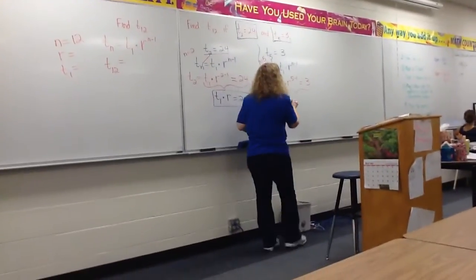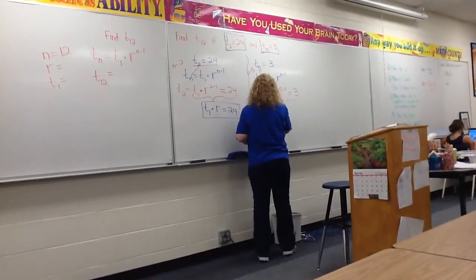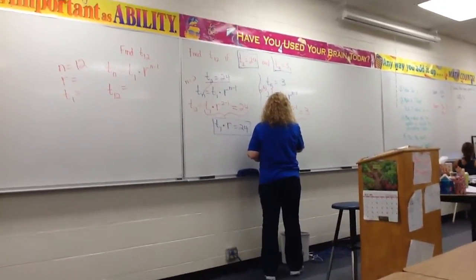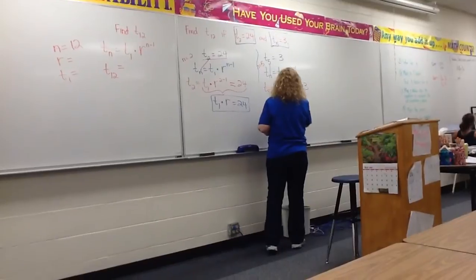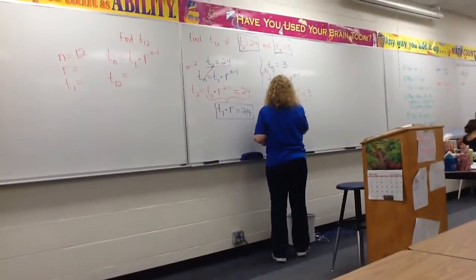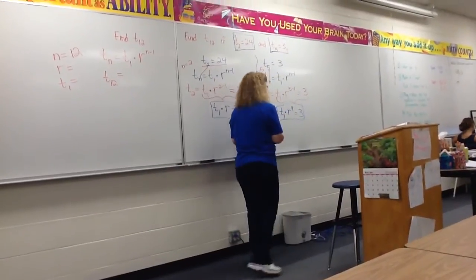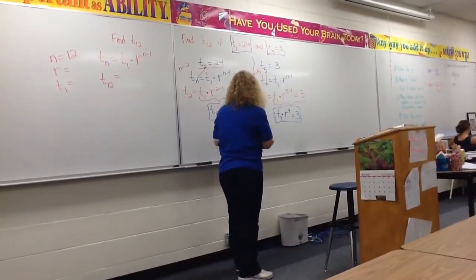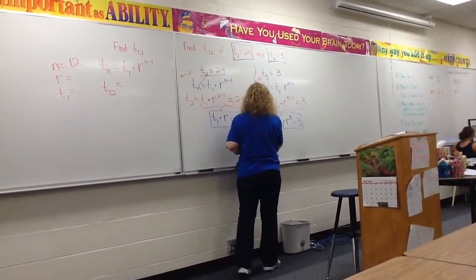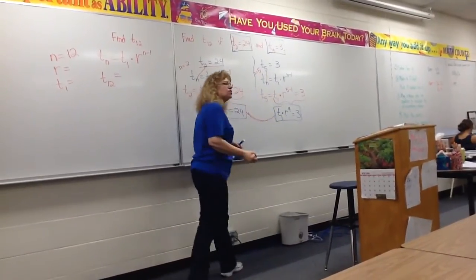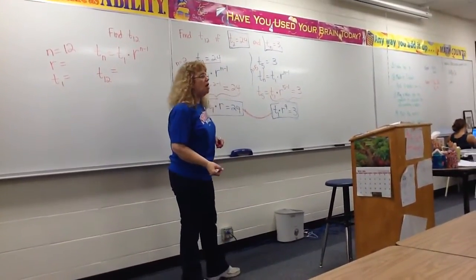And if we simplify it, what is 5 take away 1? 4. So T1 times R to the 4 equals 3. And again, by itself, it's not very useful, but we're going to use these two together. Two equations with two unknowns, you should be able to solve it, right?